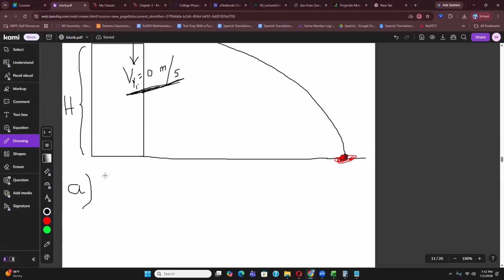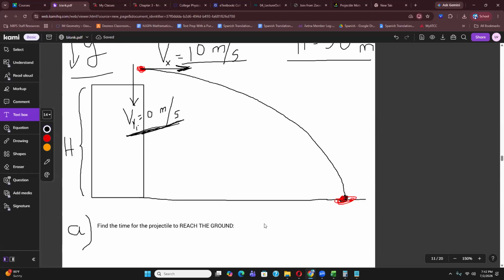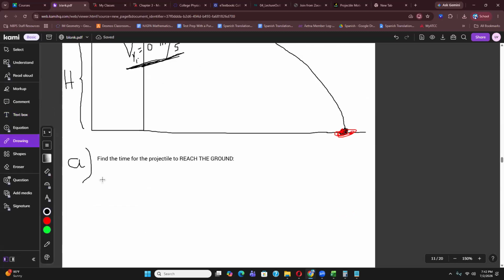Let's put here: find the time for the projectile to reach the ground. How will I find the time it reaches the ground? Would we use y equals Vi t plus or minus 1/2 gravity t squared?